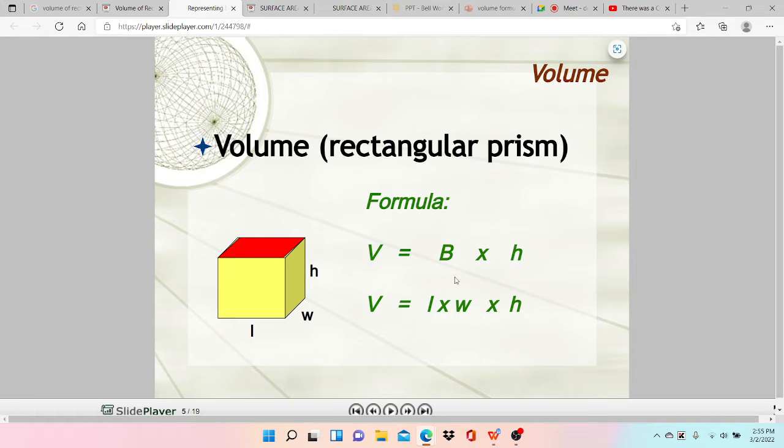Okay, example. So this one, instead of writing length times width, you can write B. What's the meaning of B? B is base. So we have here the base and the height. Length times width is the base, and height.